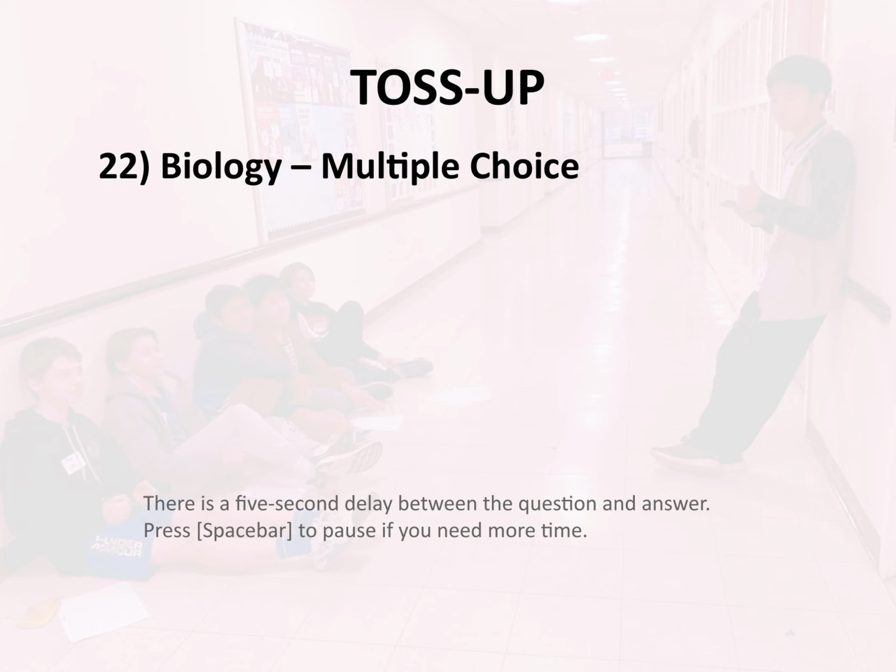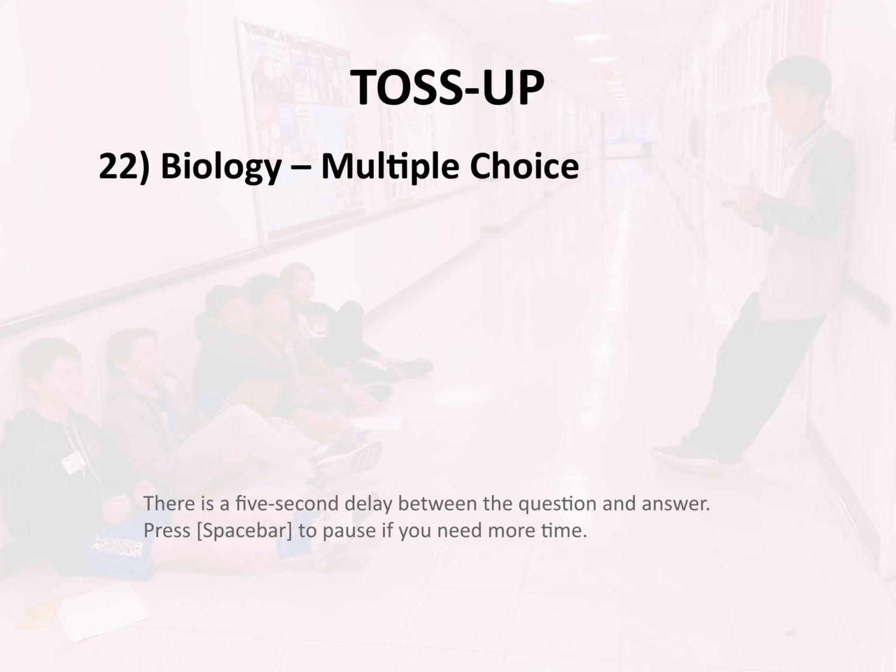Toss-up 22. Biology, multiple choice. Which of the following is not true about plant physiology? W. Meristematic tissue located at the tips of stems and roots forms the apical meristems. X. Some plants, like shrubs, have lateral meristems.